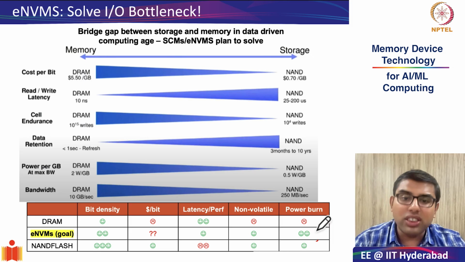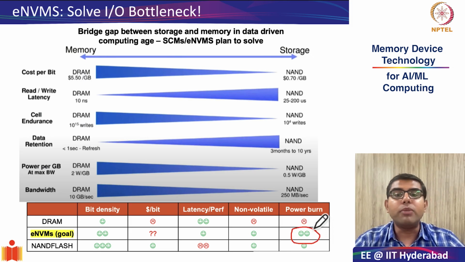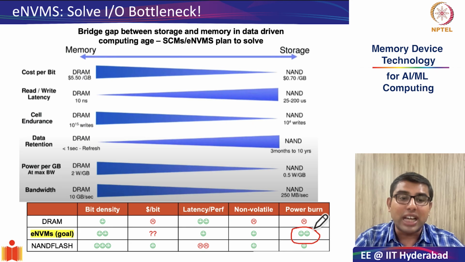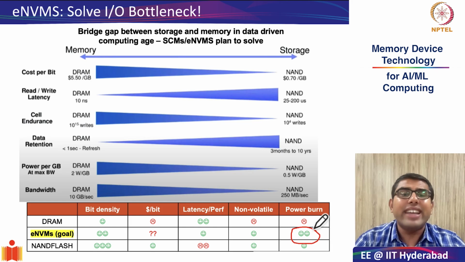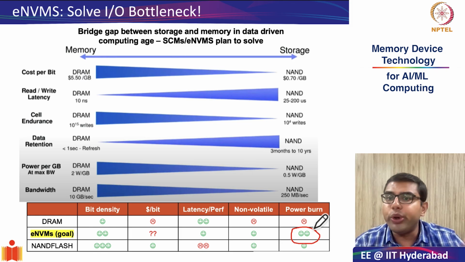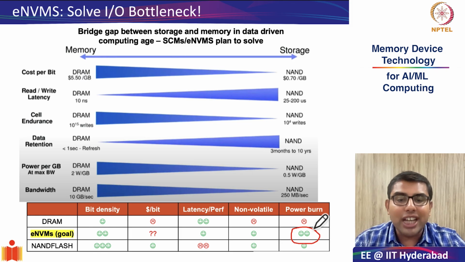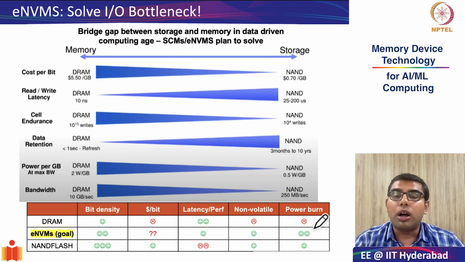And the final thing which seems very lucrative in the case of eNVMs is the power burn, which we will speak about in a little bit of detail. I have noted here that DRAMs generally had very high power burn. The reason is that charge is continuously leaking out, so you need to refresh, and that causes a lot of power burn. Whereas in NAND flash, once you store the information, you don't need to keep refreshing, so it helps in power.